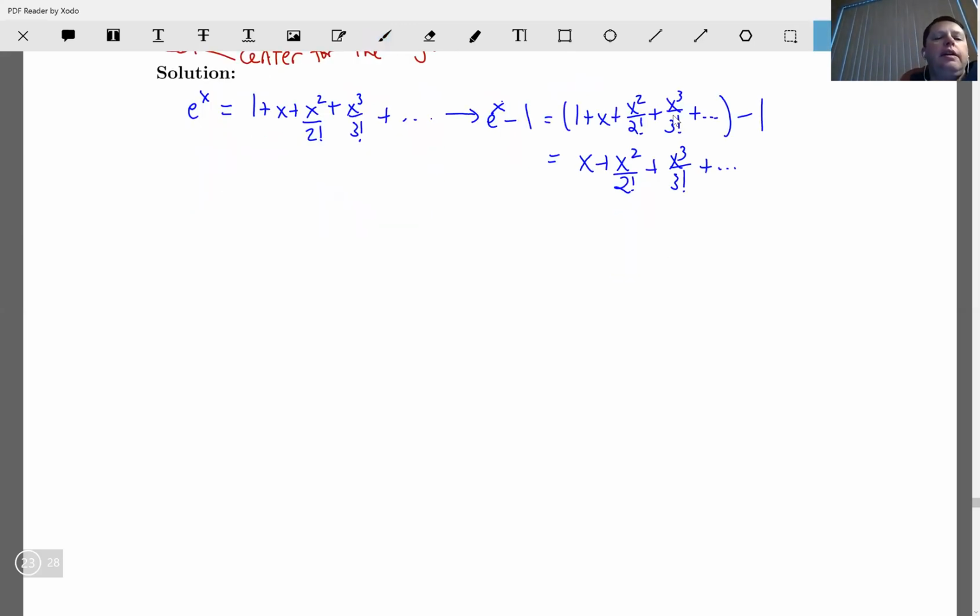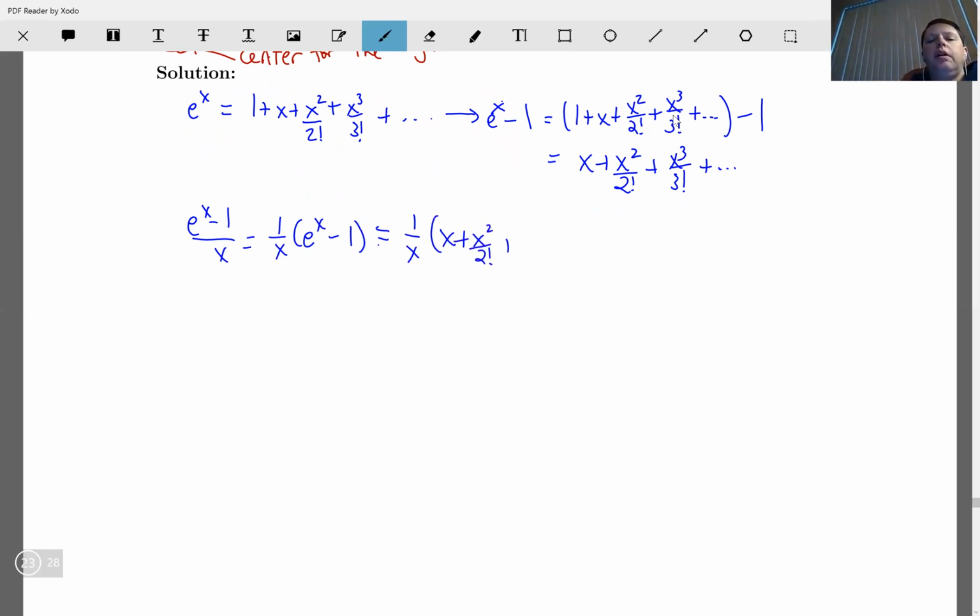And finally, e to the x minus 1 over x is 1 over x times e to the x minus 1. Yes, I know my algebra's fancy sometimes, but my point is we can multiply 1 over x times our power series.